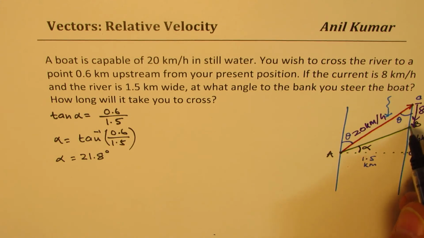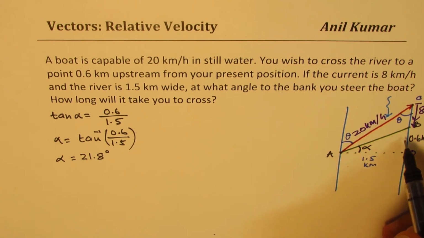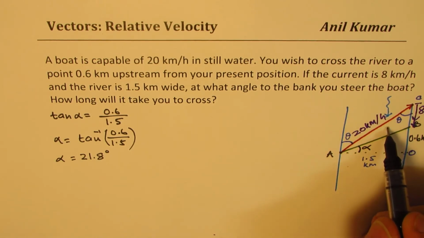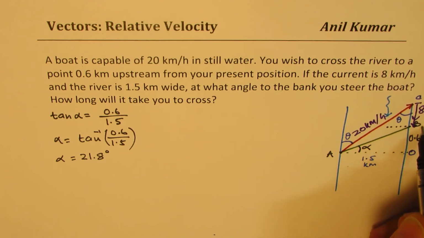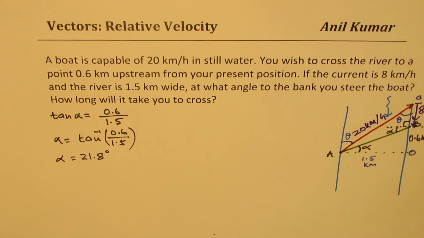Now if you look into this side, these two are parallel. So this angle of 21.8, let's draw a line parallel to this, will be alpha plus 90 degrees. Do you see that part? So the angle at B will be what?